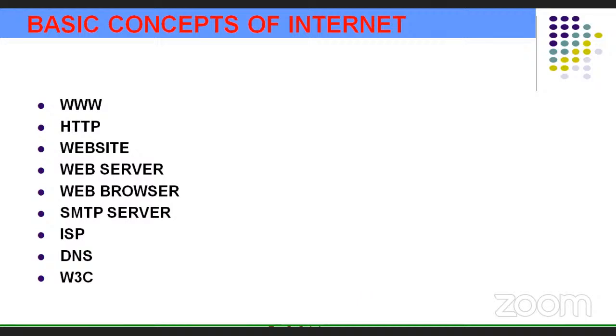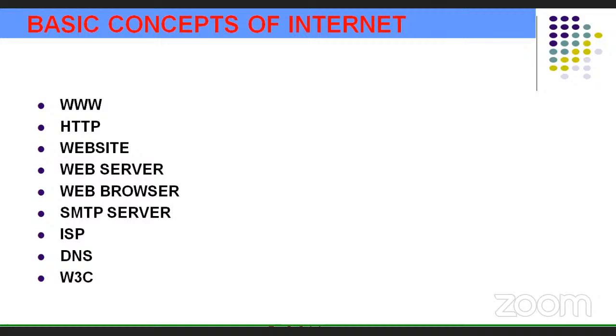Now, the next one is SMTP server. Already I said SMTP, Simple Mail Transfer Protocol. So SMTP stands for Simple Mail Transfer Protocol Server. This server takes care of delivering email from one server to another server. When we send email to an email address, it is delivered to the recipient by an SMTP server.